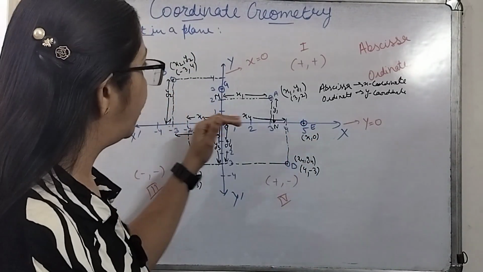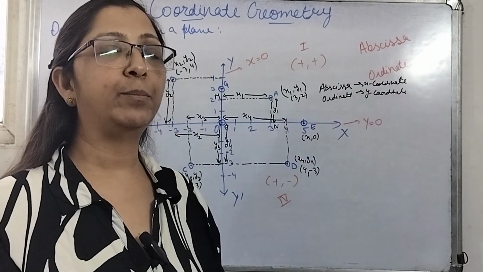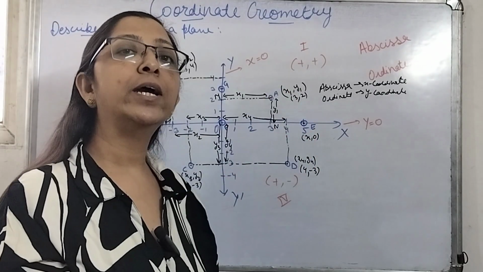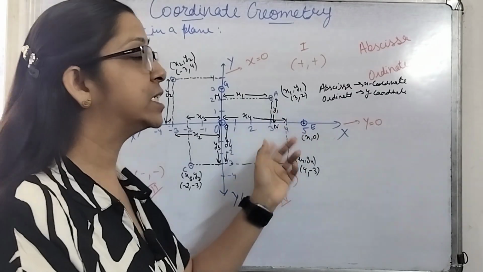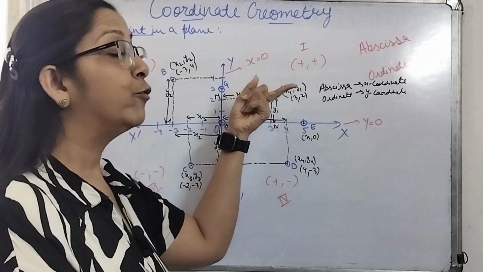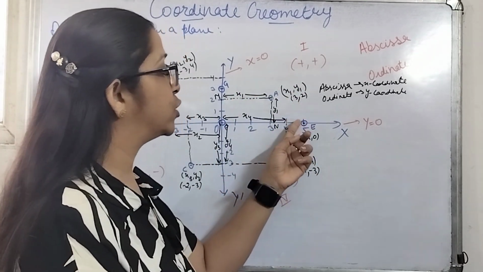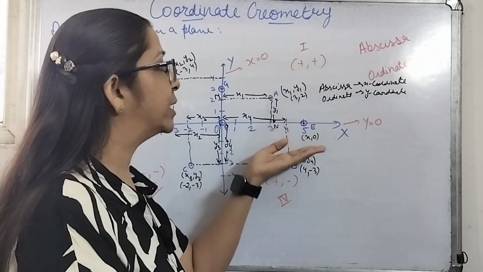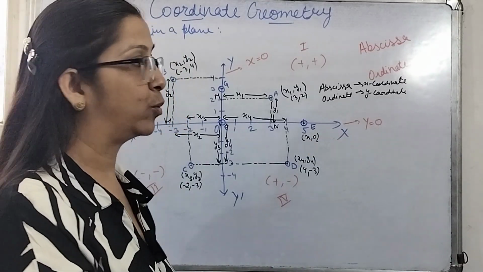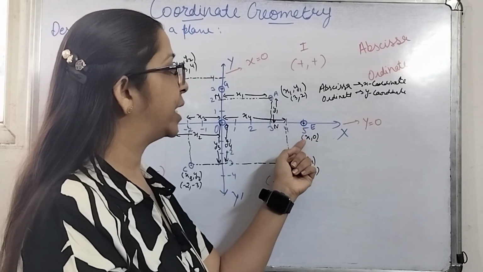Because, as we have just seen, the y coordinate of any point is its perpendicular distance from the x-axis, and there is no perpendicular distance of the point from the x-axis because the point is lying on the x-axis. That's the reason its y coordinate will be 0. So any point which lies on the x-axis will have coordinates (x, 0).